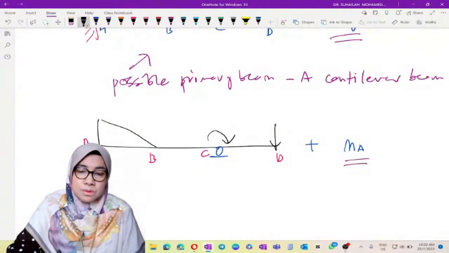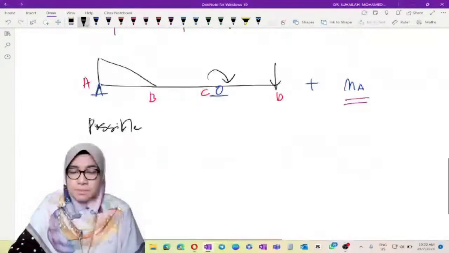So the primary beam is a simply supported beam.